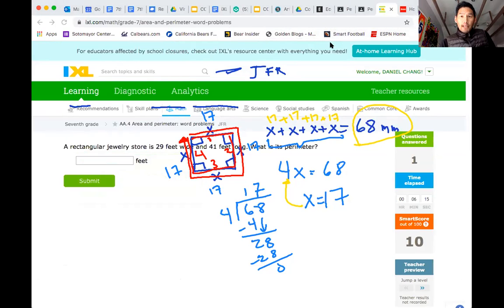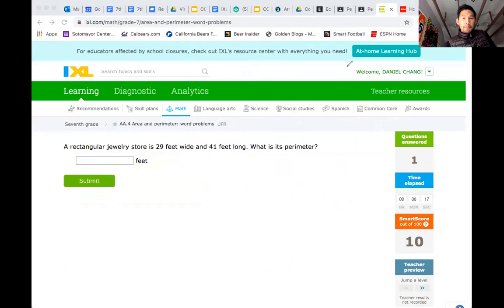Let's erase all these drawings. Let me do one more. A rectangular jewelry store. I'm going to underline rectangular. It is 29 feet wide by 41 feet long. What is its perimeter? All right, so rectangular. I'm going to draw a rectangle here. You know a rectangle has 4 right angles as well.